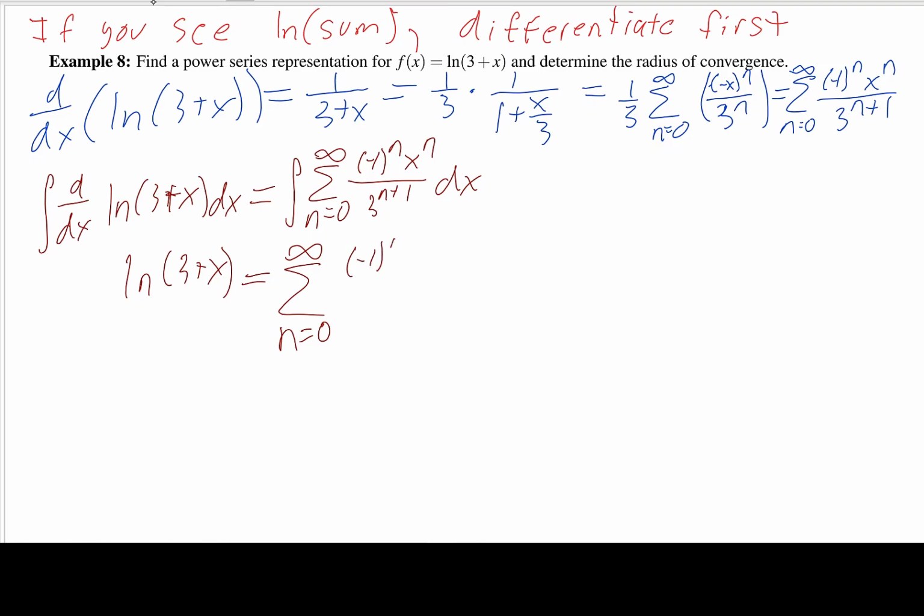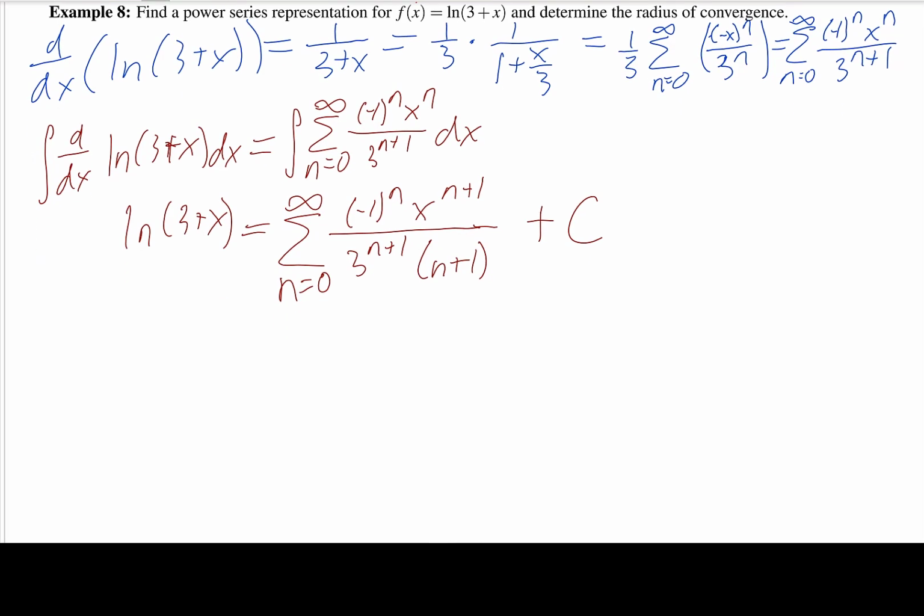So this stays as negative 1 to the n. We add 1 to the exponent of x and then divide by that new exponent. So that means I'm going to multiply 3 to the n plus 1 with n plus 1. And then we should have a plus c. Now, what if we want to solve for this plus c?